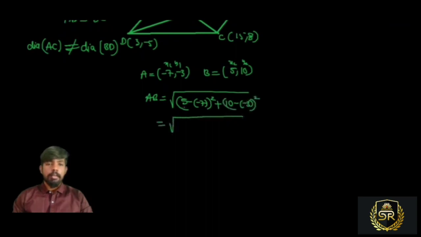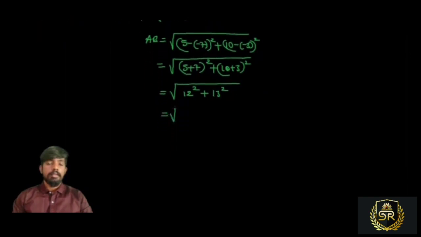So root over 5 plus 7 whole square plus 10 plus 3 whole square. 5 plus 7 is 12, 12 square, plus 10 plus 3 is 13, 13 square.